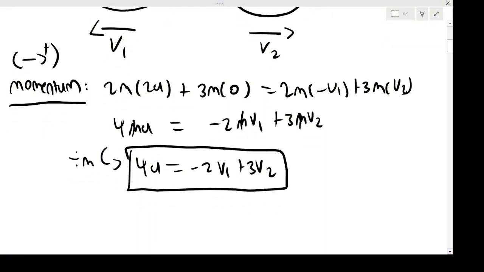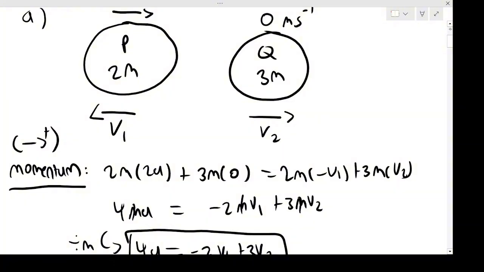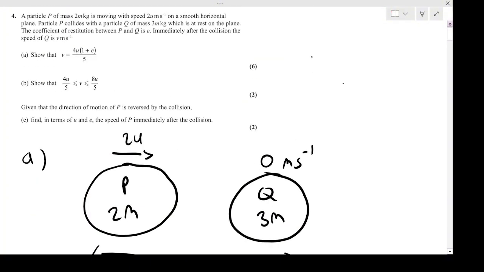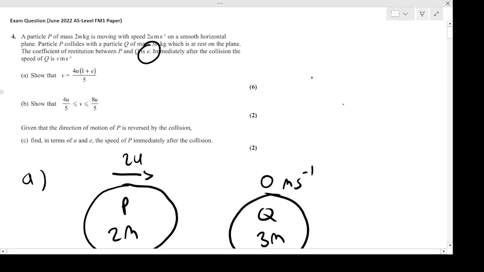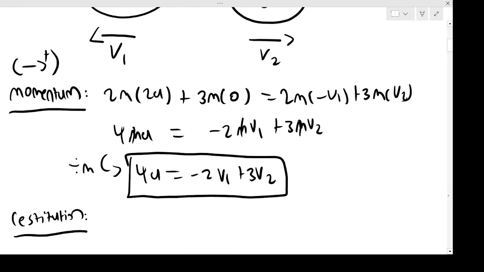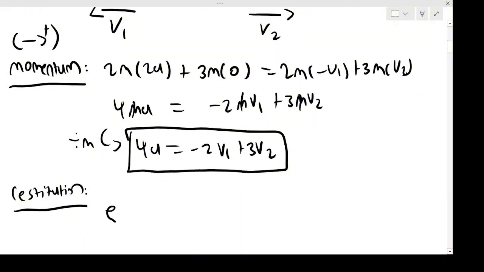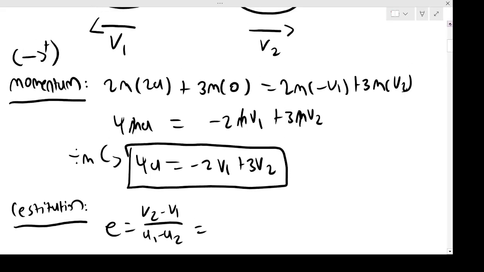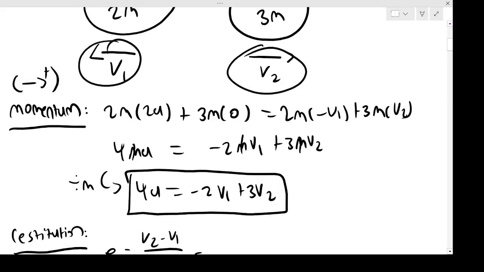Then we're going to apply restitution. Now the issue is, we don't know what E is exactly. It's just E, but that's not actually going to be a problem because we're still going to apply the same procedure. So E, again, my standard formula, is V2 take away V1 over U1 take away U2. Well, we have V2 and V1 here.